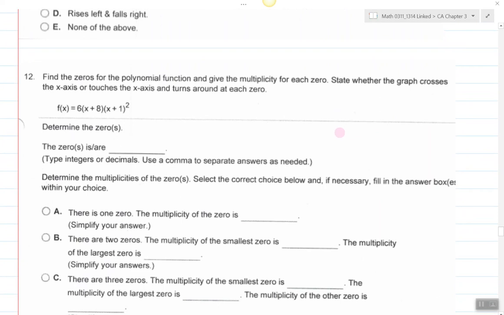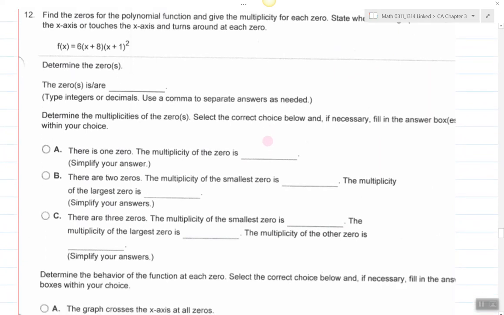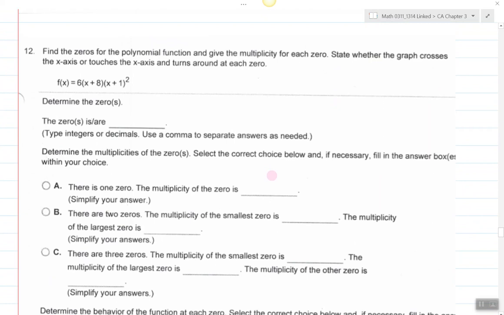Number 12. Find the zeros, state whether it crosses or touches. All right, this polynomial function is in factored form. The zeros from this factor, you're going to get x is negative 8. From this factor, you're going to get x is negative 1.